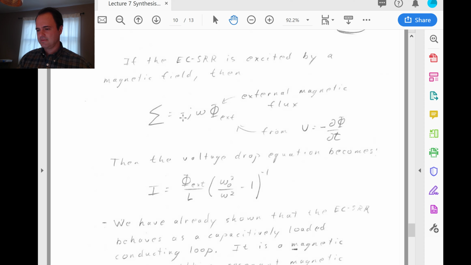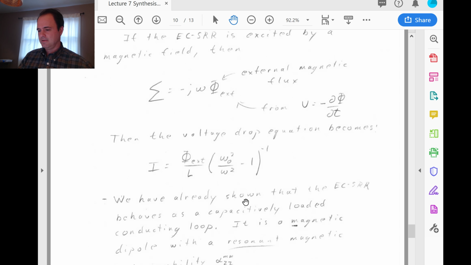It's the potential applied due to the external excitation, which is minus the time derivative of the changing magnetic flux. Take that time derivative, assuming a sinusoidal wave, and it's minus j omega times the flux. Then the voltage drop equation leads us to this equation here. So we're going to be using that.